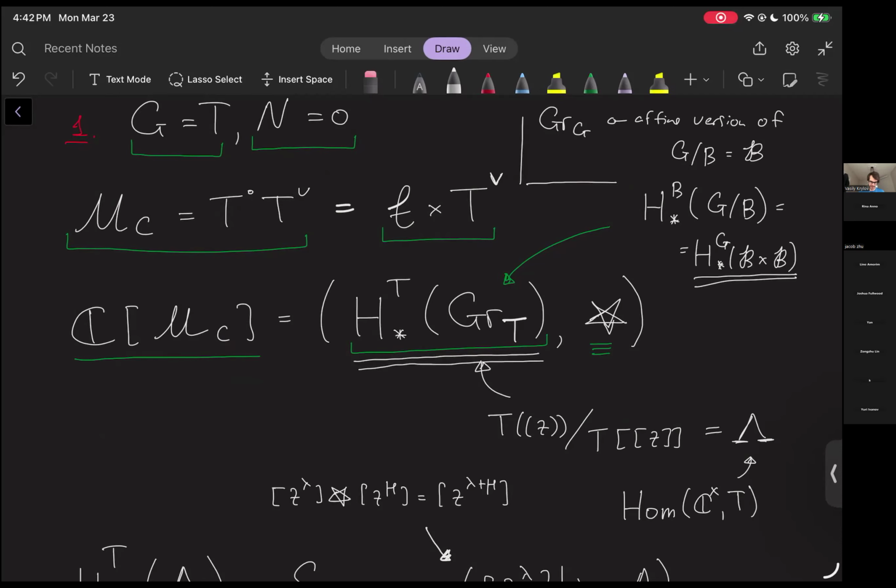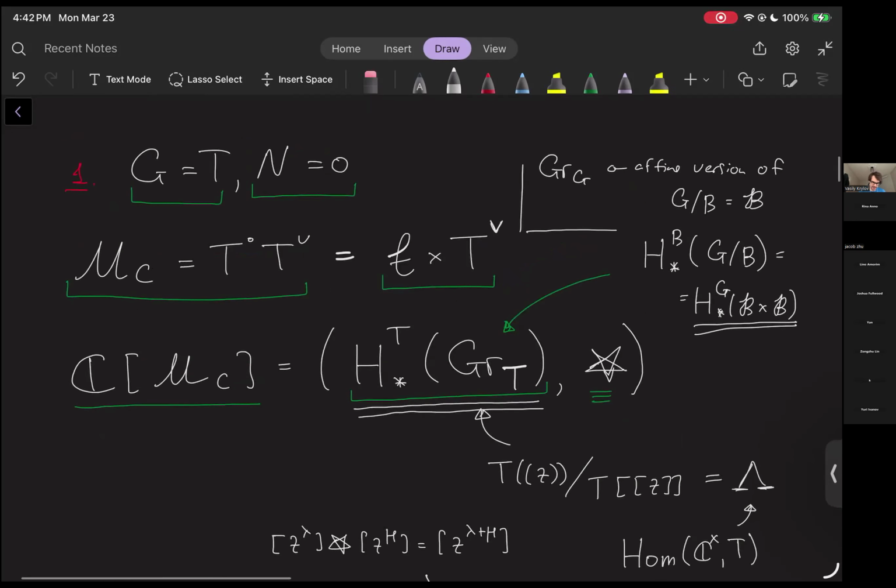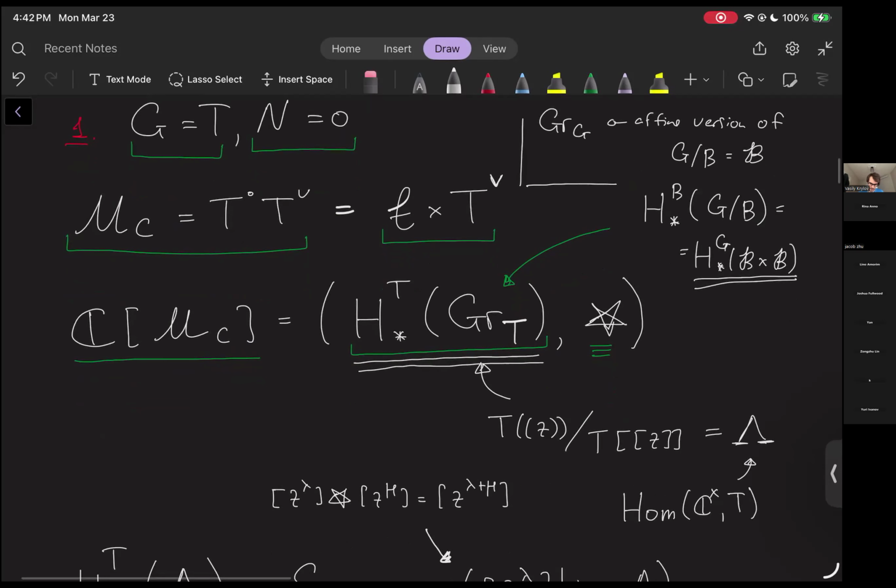Absolutely, T is arbitrary. And N here really means a zero-dimensional representation, right? Yes, it's just zero, so there's only one single point.